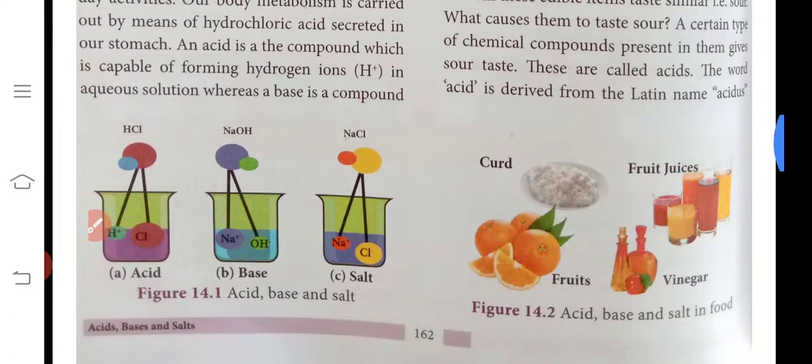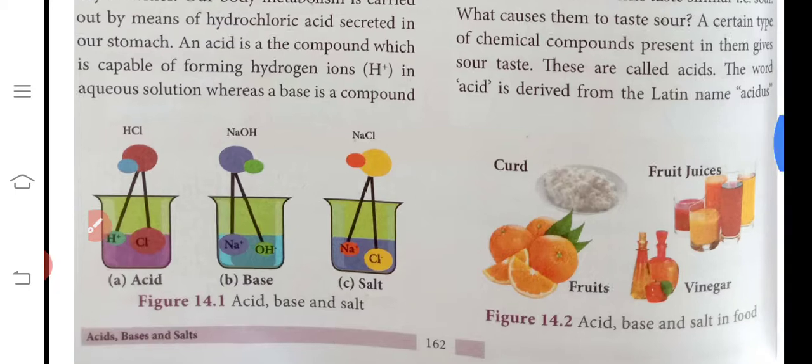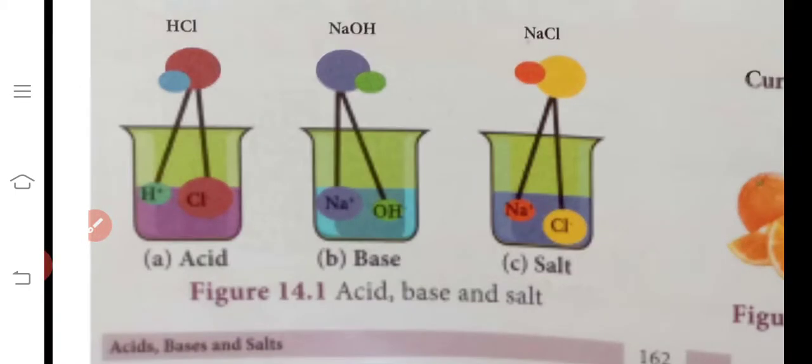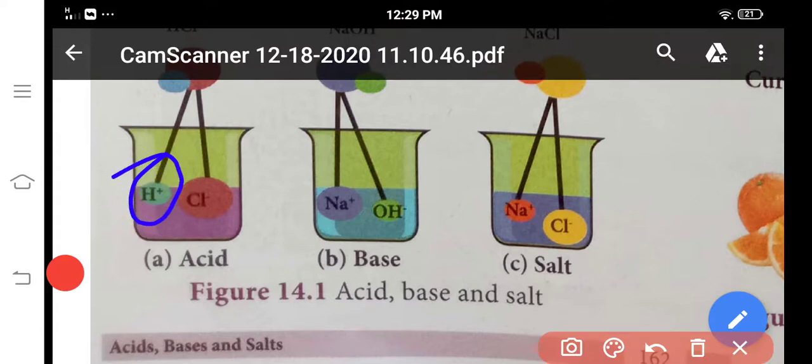Listen. This is HCl, hydrochloric acid, this is NaOH, and this is NaCl. The first one is an acid. Here HCl gives H+ and Cl-. So acids give H+ ions.